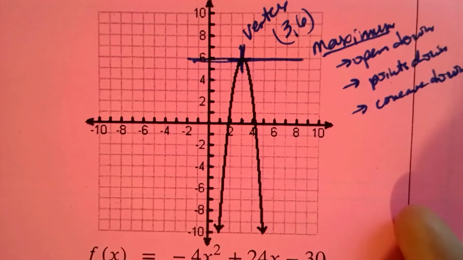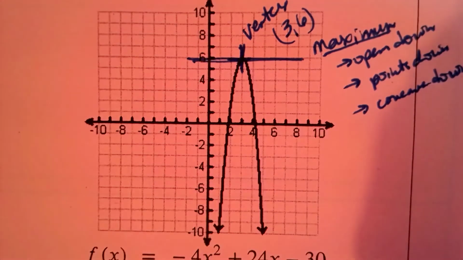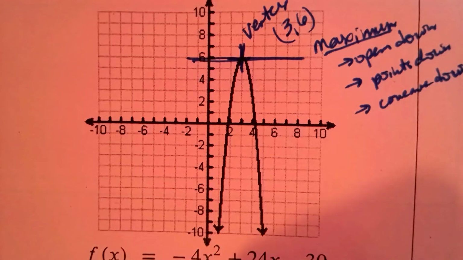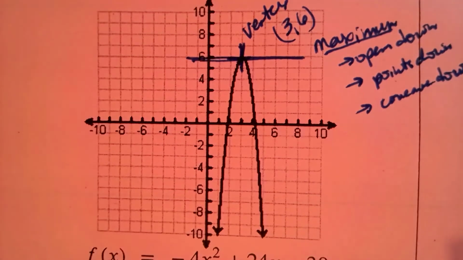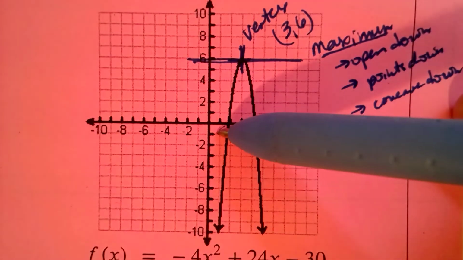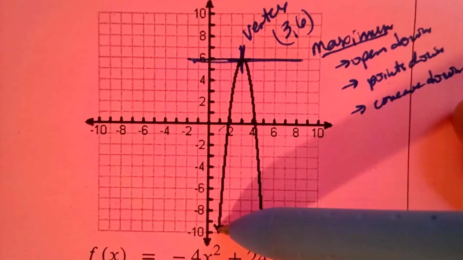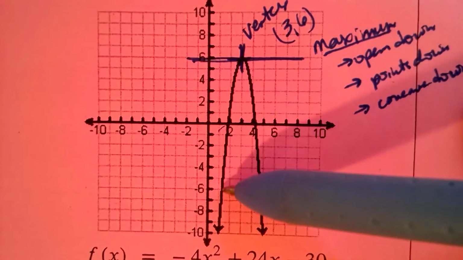Now, likewise with this one, I can't exactly find my zeros, and that's okay. Let's start with our y-intercept. Okay, I can't even find my y-intercept on here. But if I look at the table, I can figure it out. So I can't see the y-intercept, but is there going to be a y-intercept? Yes, because if you look, as I go down, I'm getting closer and closer. So even though I can't see the y-intercept, I know there's going to be one because this graph is going out as it goes down.